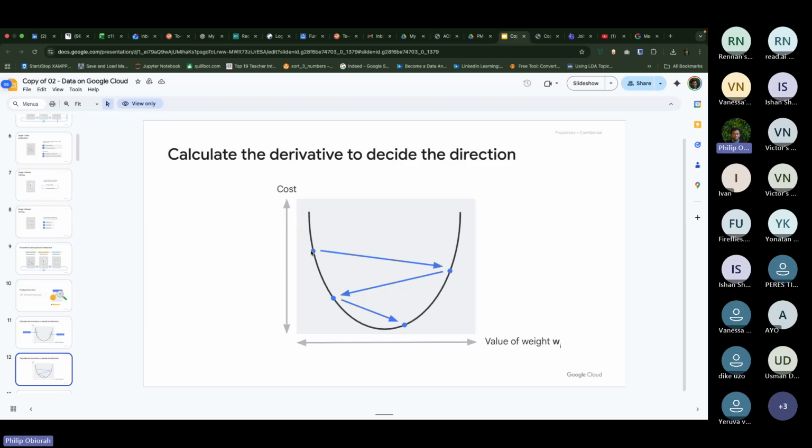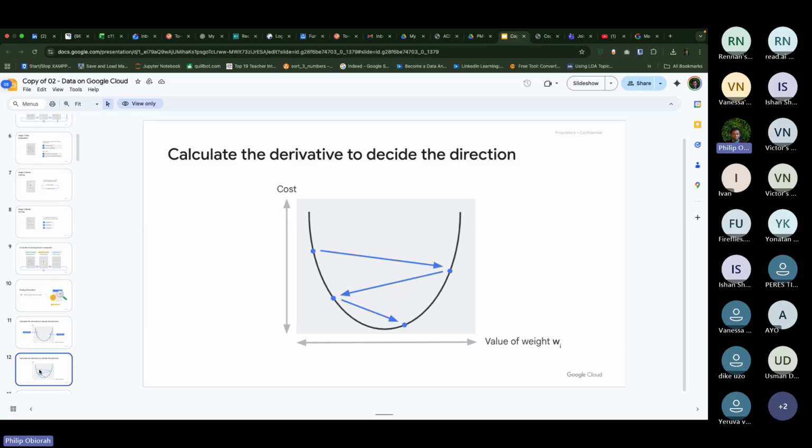If we have a large training step, then it might jump to this point, and we might keep jumping around and not be able to get to this bottom, this lowest point, which is the best point of the model. We might just be jumping around, adjusting the weights arbitrarily, and we might not converge if we have big steps.